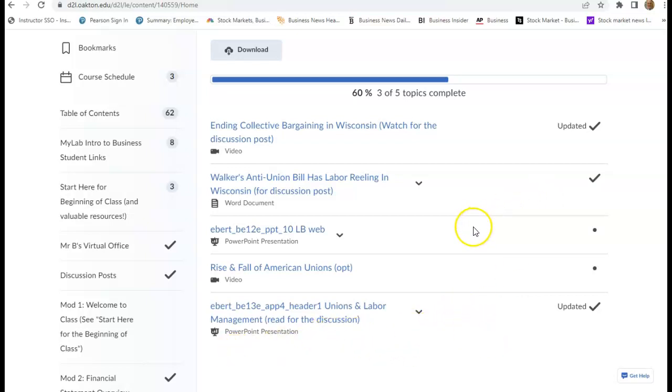Okay, so before you do the discussion post, read through some of this information about what happened in the state of Wisconsin as it revolves around unions. Again, read the appendix in the book. It's a really important one to read. So read the appendix in the book, and you'll get an understanding of what goes into labor unions. And then I want you to think about something that happened not too long ago in the state of Wisconsin.